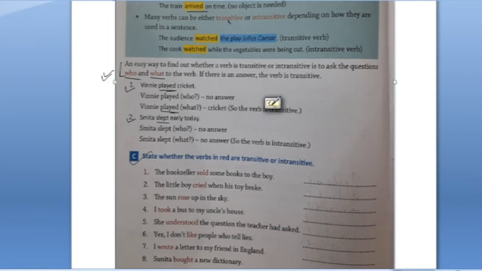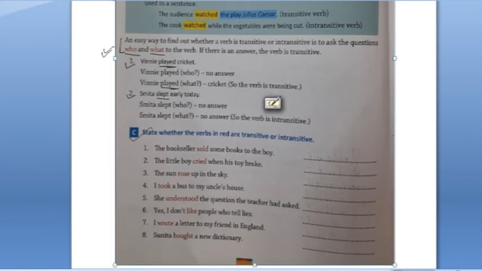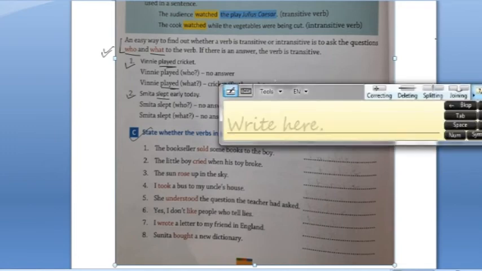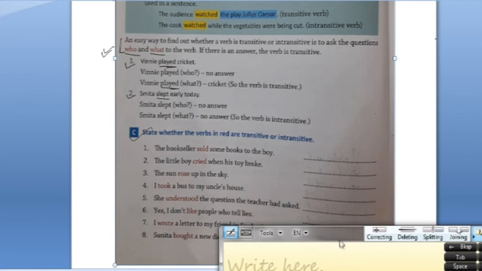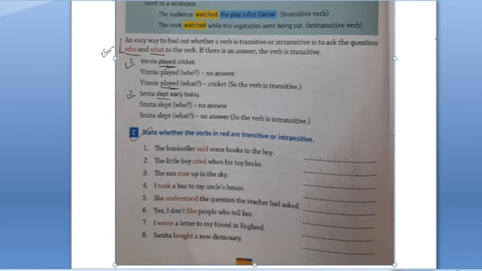And now let's do exercise C here. State whether the verbs in red are transitive or intransitive. I told you the method of how to find out whether the verb is transitive or intransitive.